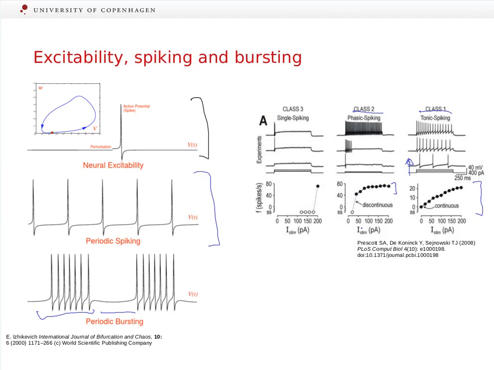Now let's look in more detail at these two cases, using our simplified persistent sodium plus potassium current model. The type of response is dictated by the type of bifurcation from the resting state, and our model can display all four bifurcations that there can be, and thus both class 1 and class 2 responses.